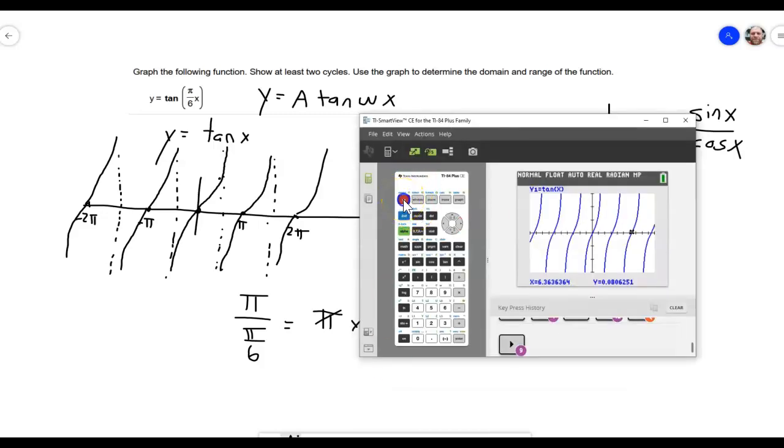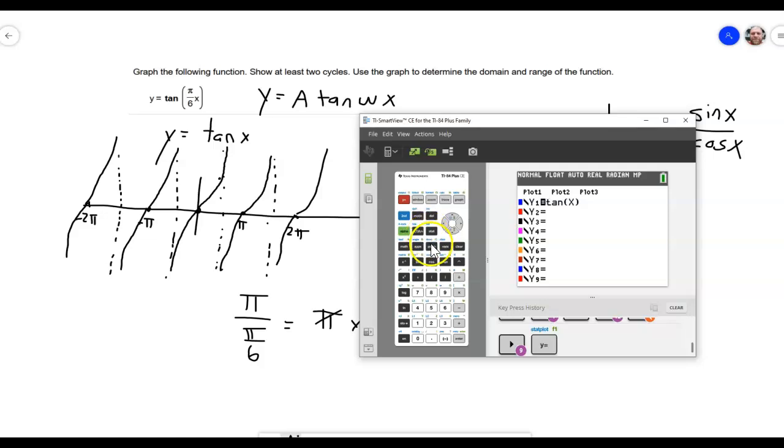So if I go here, we're going to do tangent of pi over 6 x.